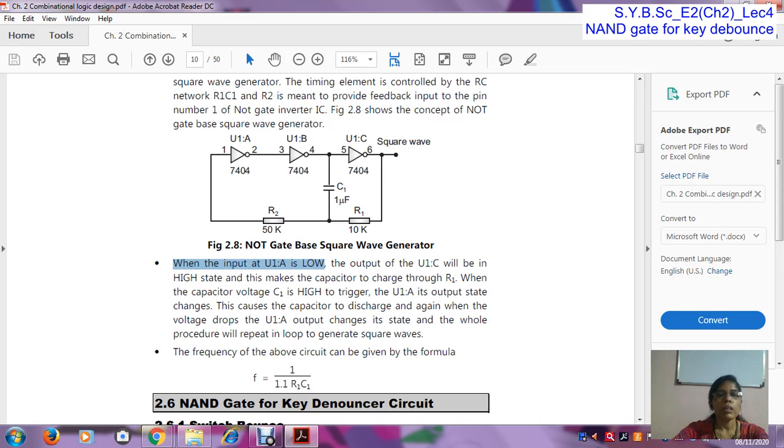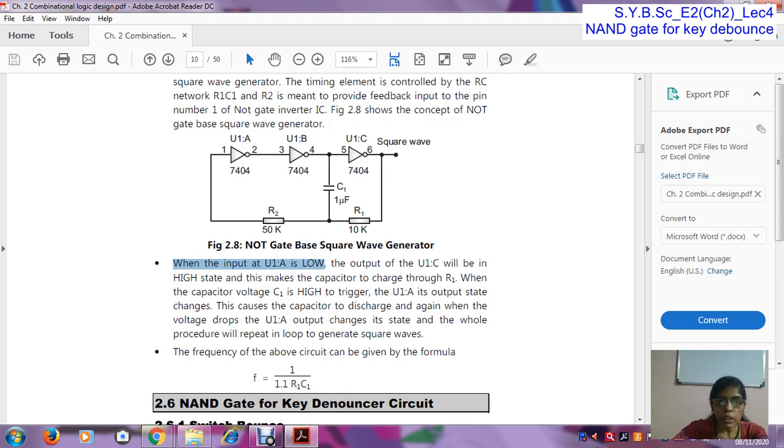Once again I repeat: when the input of the first NOT gate is low, then we get the output of the third NOT gate high.